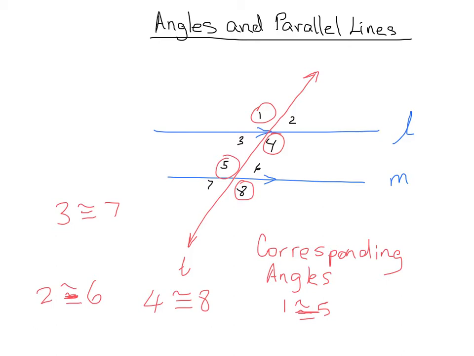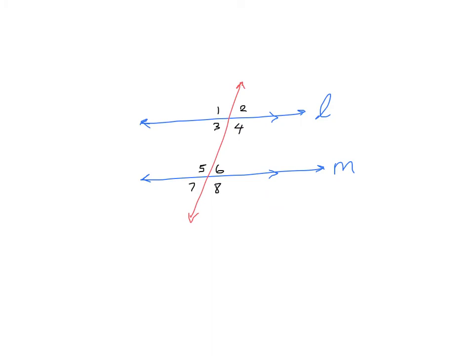Alright, so let's look at some other angle pairs that we can form. We also looked at the term alternate interior angles. Let's remind ourselves of what that term means. If they're alternate interior angles, they have to be interior angles. So we already know that 3, 4, 5, and 6 are our interior angles. They have to be on opposite sides of the transversal, but they cannot be adjacent.